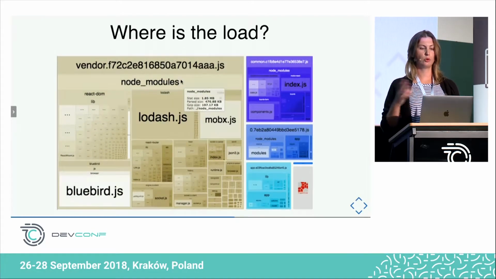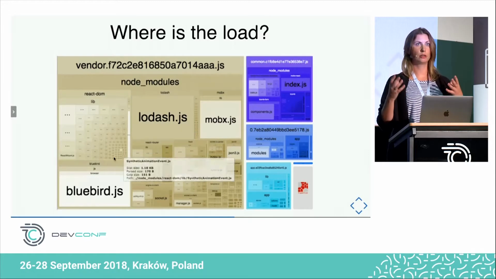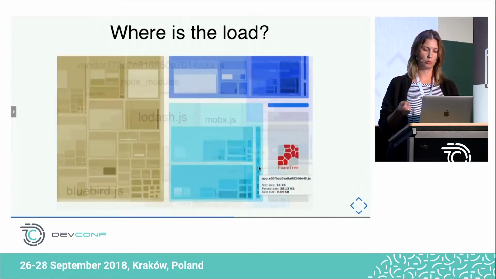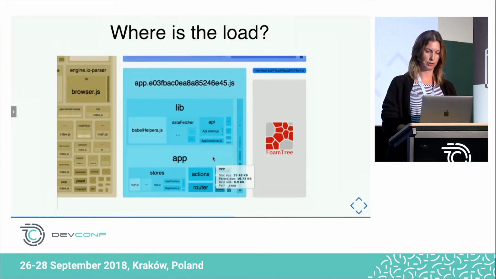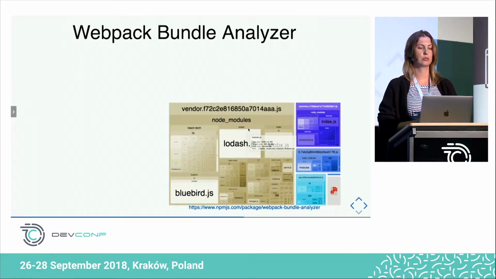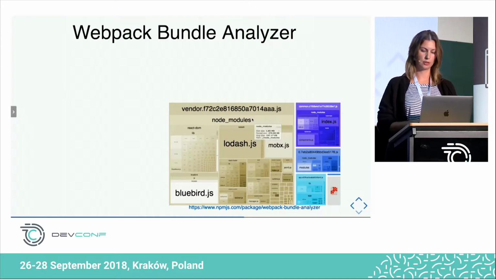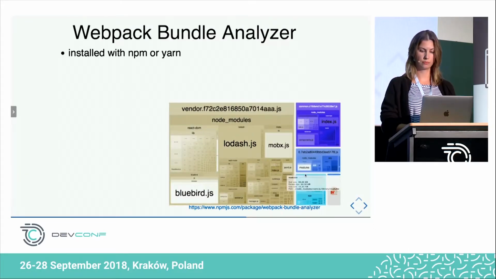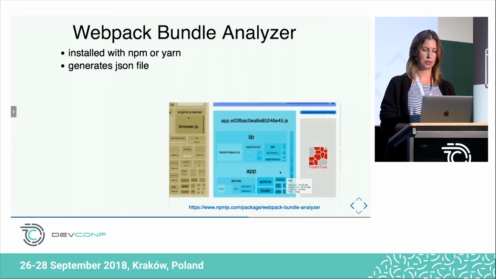If you want to see where you have your bottlenecks on the front end, you may measure the size of the dependencies. For example, this tool is called Webpack Bundle Analyzer. It's installed with NPM or Yarn. It generates a JSON file.